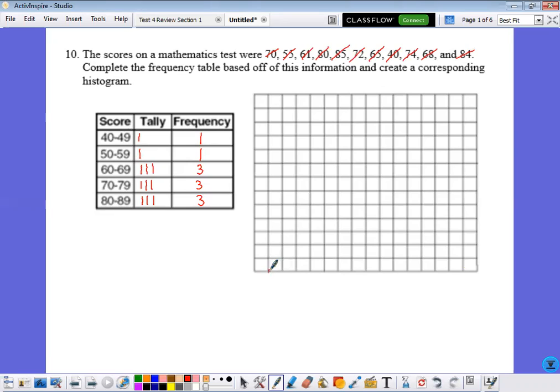I'm going to start with my starting point, 40, go out 3 spaces, start the next one at 50, 3 spaces, start the next one at 60, 3 spaces, start the next one at 70, 3 spaces, and start the next one at 80.